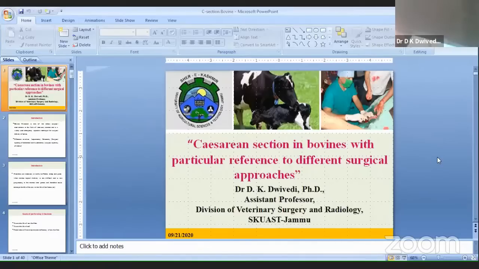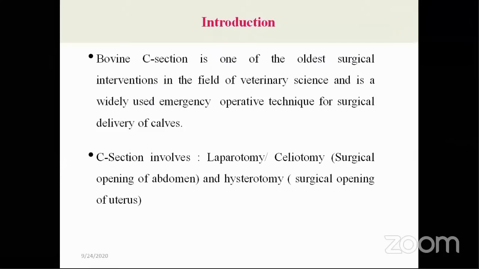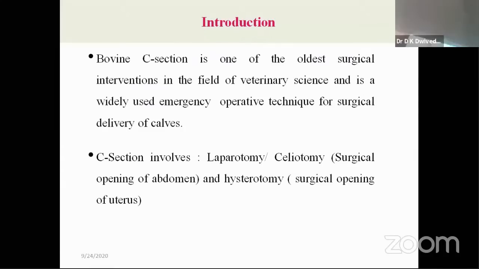So, a C-section, if you see the literal meaning, is nothing but the surgical delivery of calf or fetus. And generally, this C-section involves two important procedures that we perform.